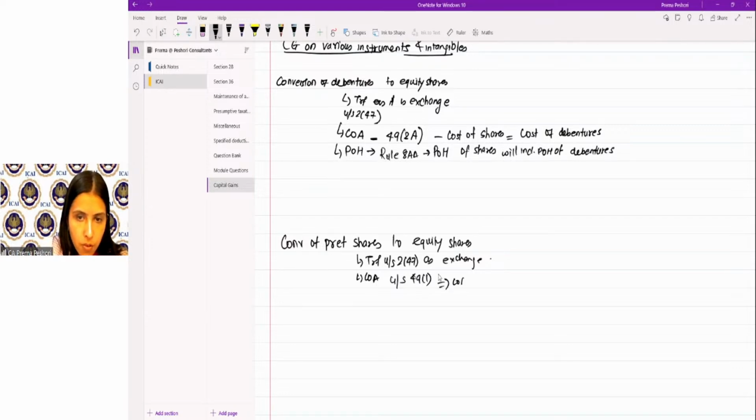So the cost of acquisition of equity shares will be the cost of preference shares. Are we clear? Then, secondly, the period of holding.